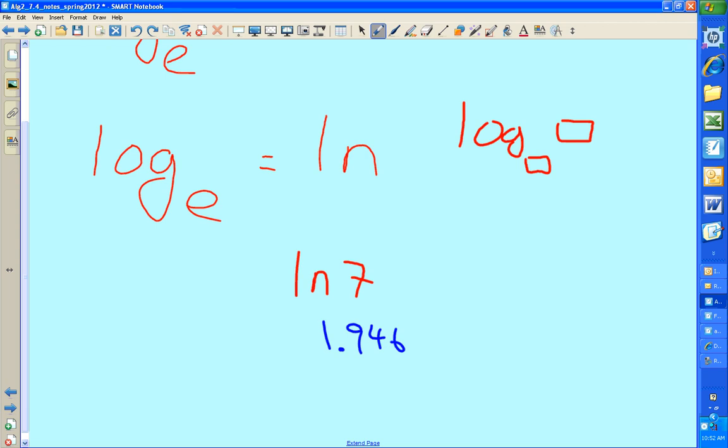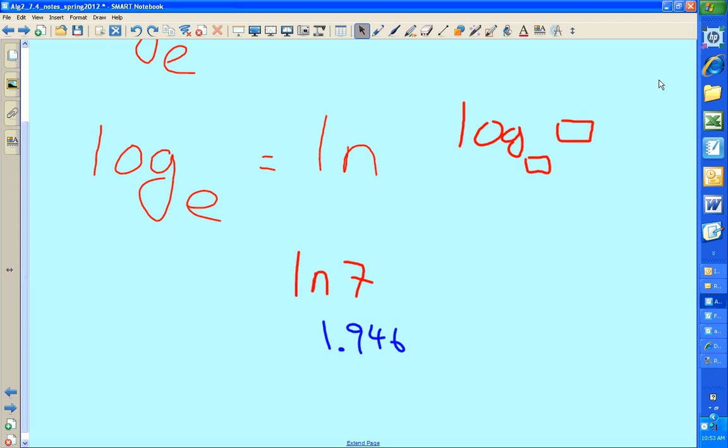Okay, so natural log of 7 should give you 1.946.